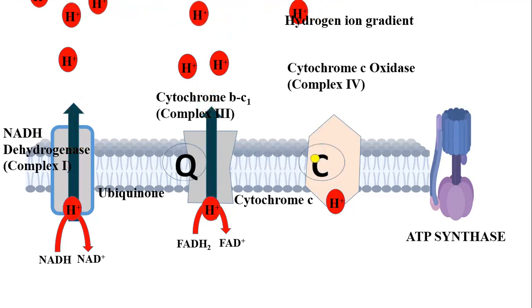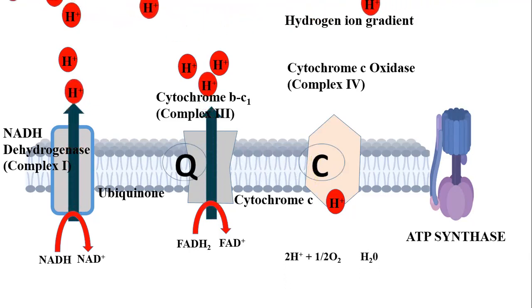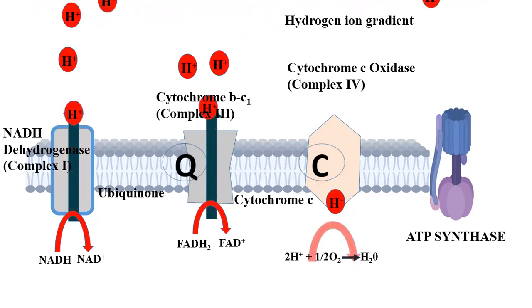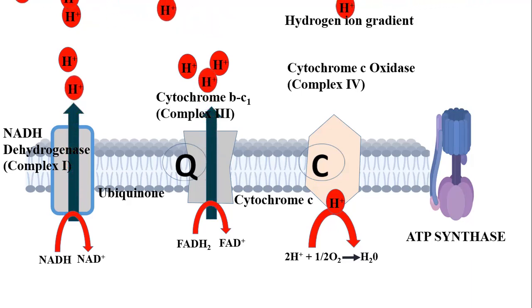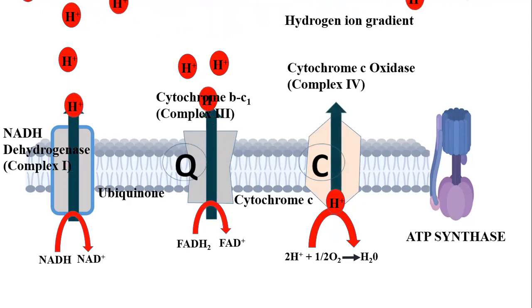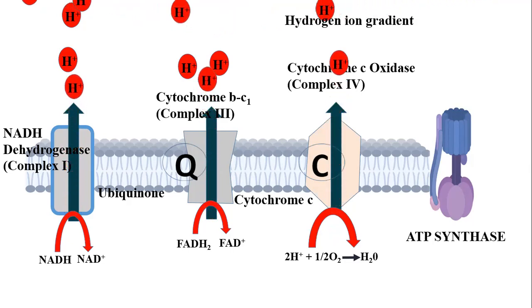So when you have that electron, what happens then is that the electron in complex 4 actually combines with molecular oxygen and hydrogen to produce water. And after that production, the remaining hydrogen is also moved from the matrix down to the intermembrane space.